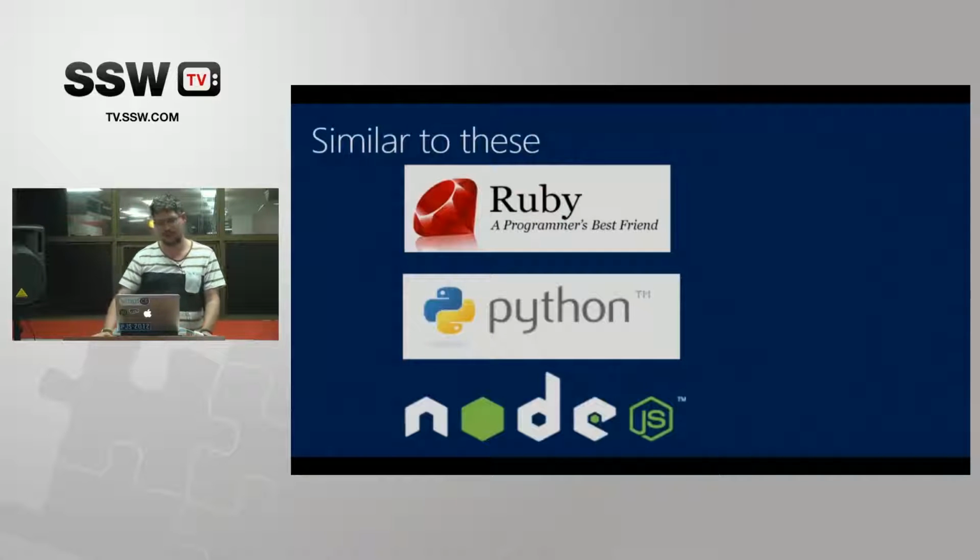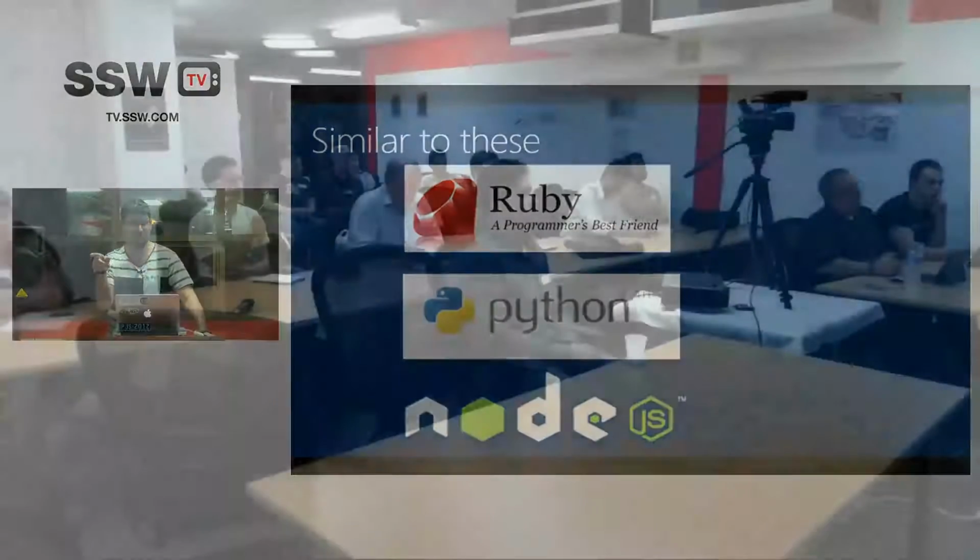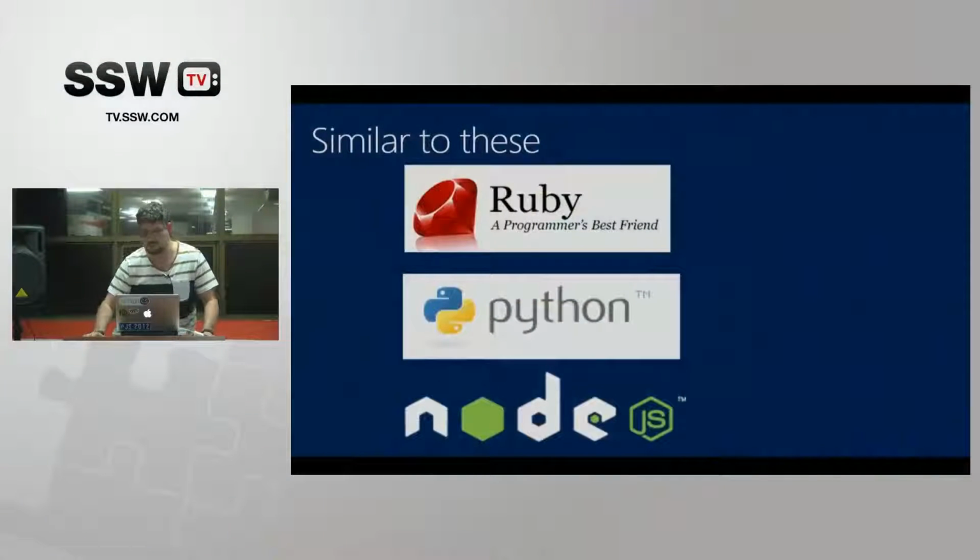What I mean by that is if I want to write some Ruby code, I can just use it because it's an interpreted language. I can just open up a text file, write some code, run the Ruby interpreter. Same thing with Python, same thing with Node.js. Anybody here not heard of Node.js? Okay, great. These languages make it really easy to just get going.